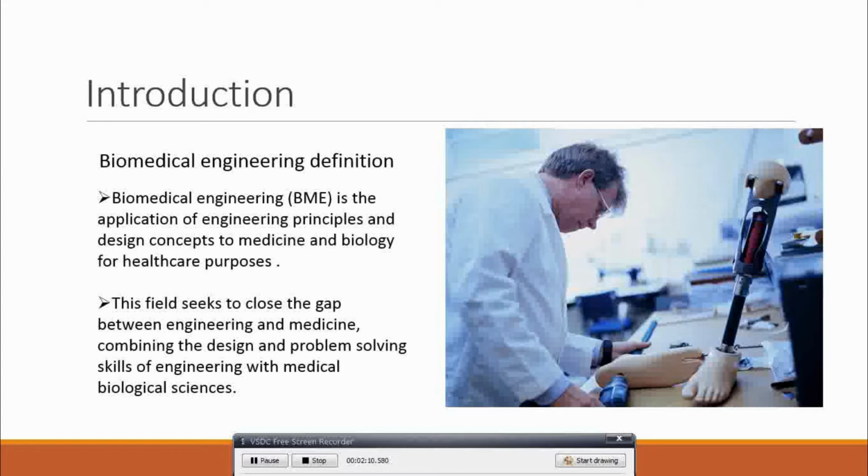For example, in this photo, you need certain knowledge on the materials of this prosthesis, and then how this material is made. So you need a material engineer in this design. After that, you also need a person with a physiology background. So that's where the medical or biomedical person will come in.